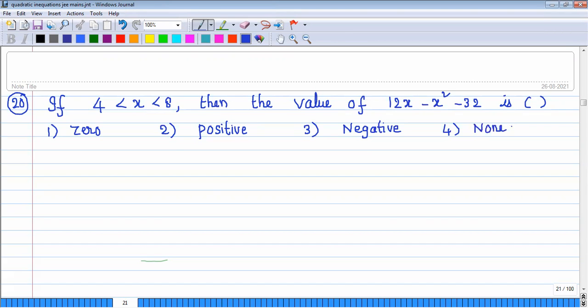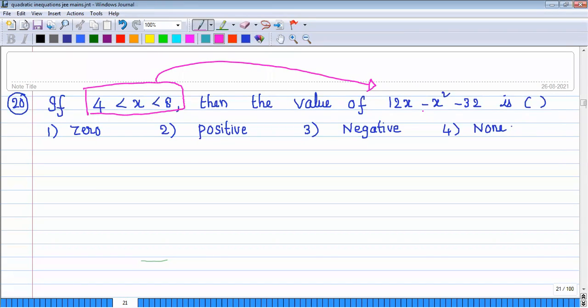So in the interval 4 to 8, we need to discuss the sign of this expression. First we need to multiply with a negative sign, then only we can use it. Take any integral value between 4 to 8, substitute in this expression, then we can decide.